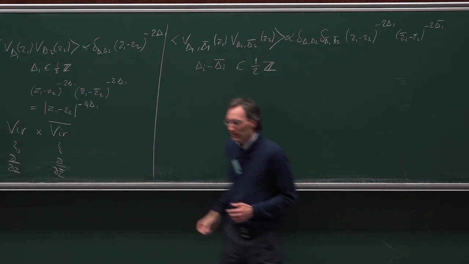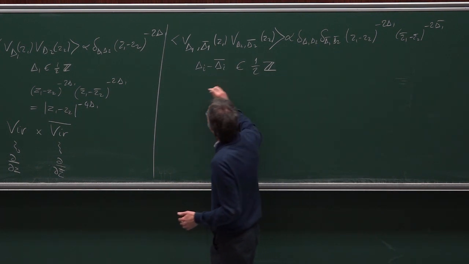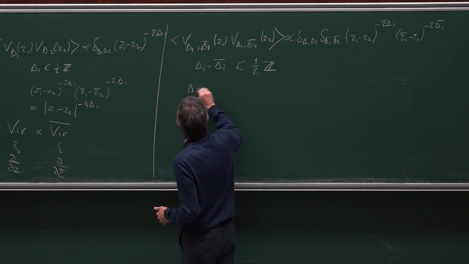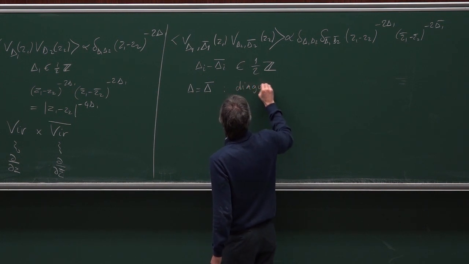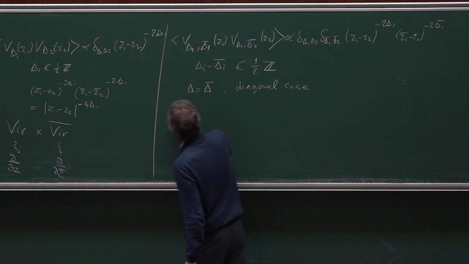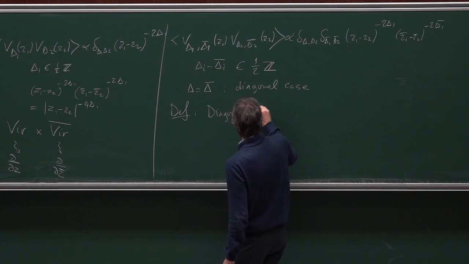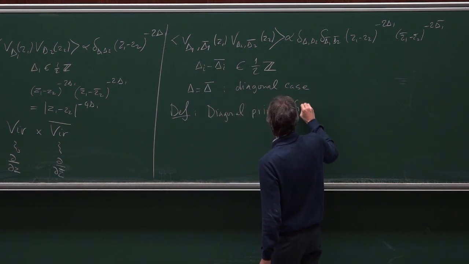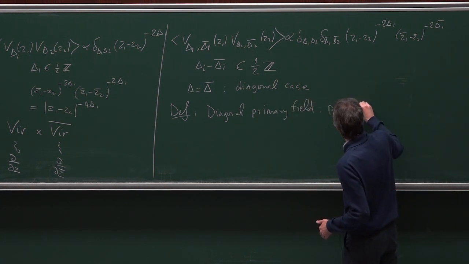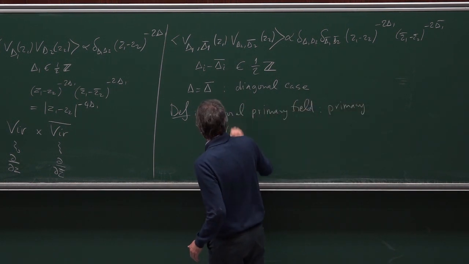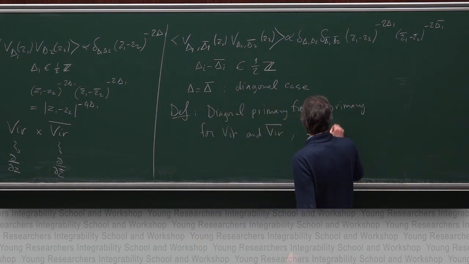Of course, the special case when delta equals delta bar is quite interesting, and it's called the diagonal case. So I would define a diagonal primary field as a field which is primary for the left and the right algebras, and that has the same dimensions on the left and on the right.